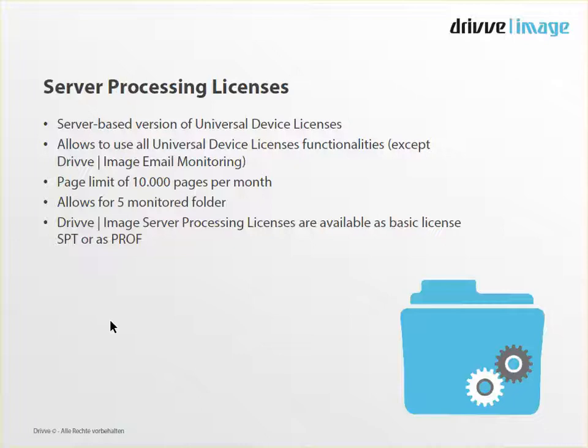The difference to the universal device licenses is that here's a page limit of 10,000 pages per month, exactly as I said, 10,000 pages per month.